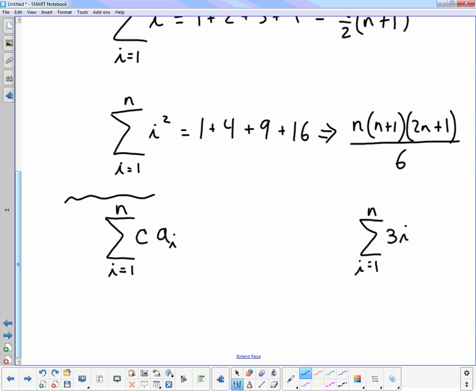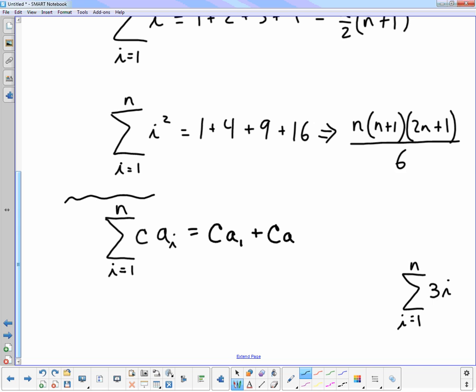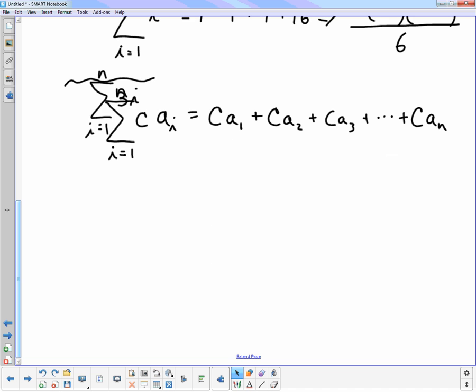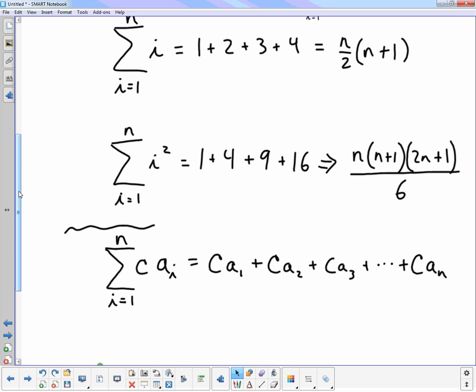Well, we can simplify this guy, because every one of them is going to look the same. What do you notice in that expansion when I did all those c times a's?